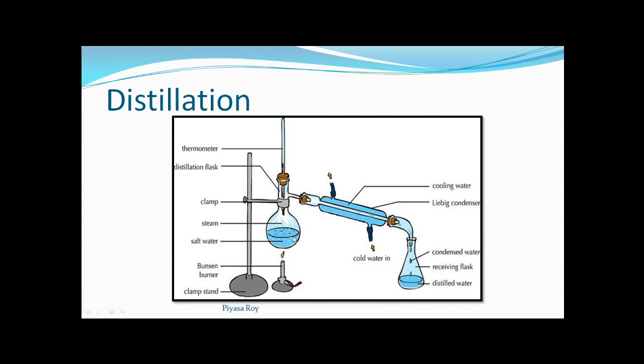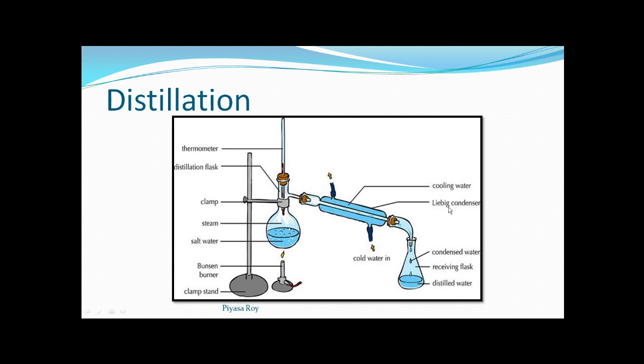We will be heating the solution, and the salt part will remain in the container, in the round bottom flask, but the water part will evaporate. After forming the water vapor, this vapor will come through this tube, the delivery tube we can say, which is fitted with the condenser.